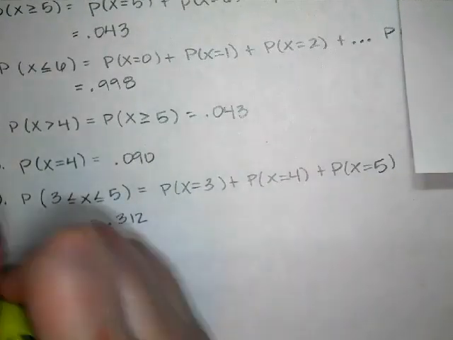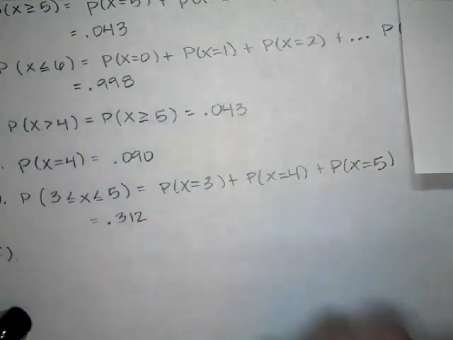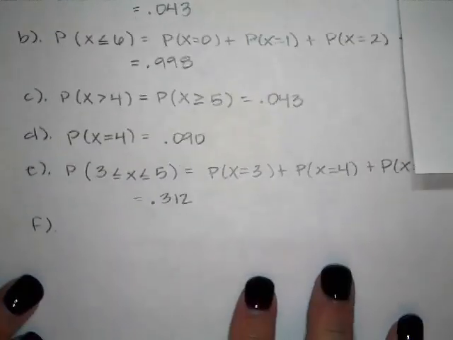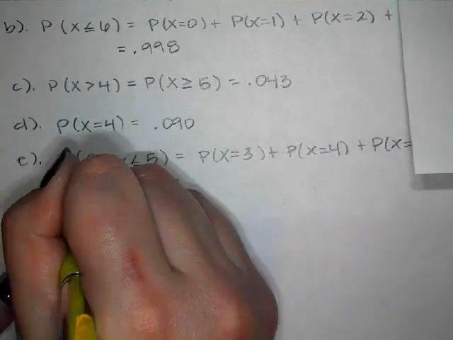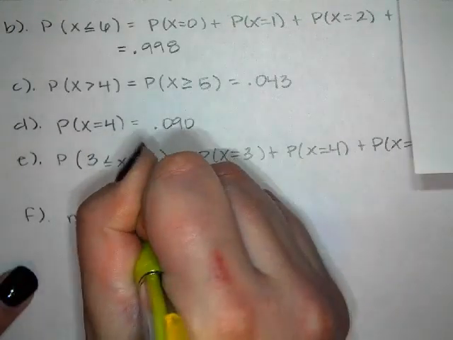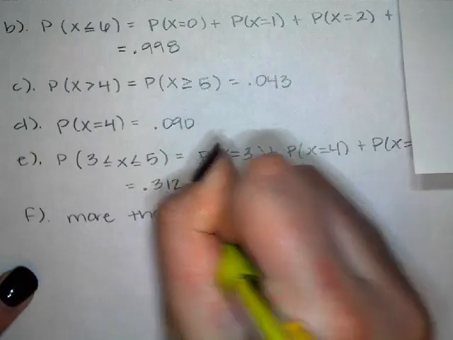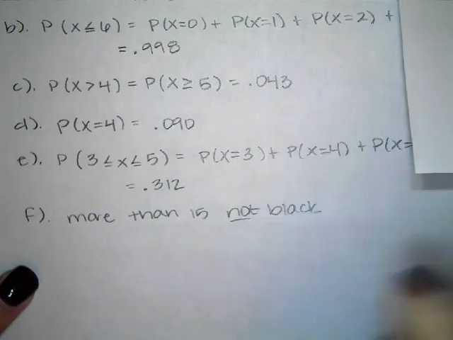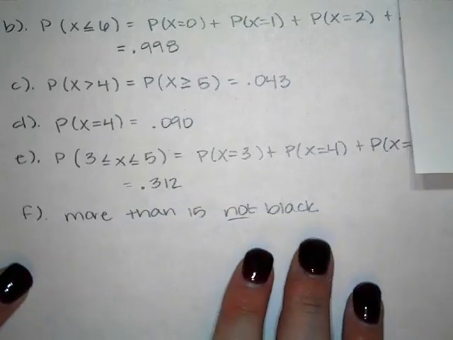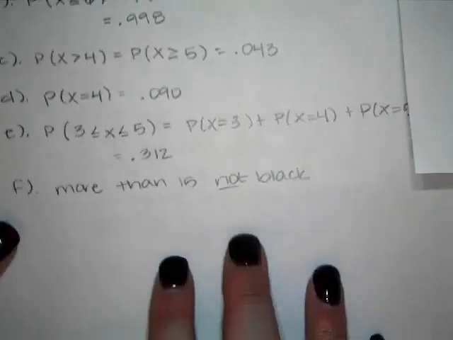And then the last one is the probability that more than 15 cars are not black. We don't have the data for this. We have the data for black. So more than 15 are not black.